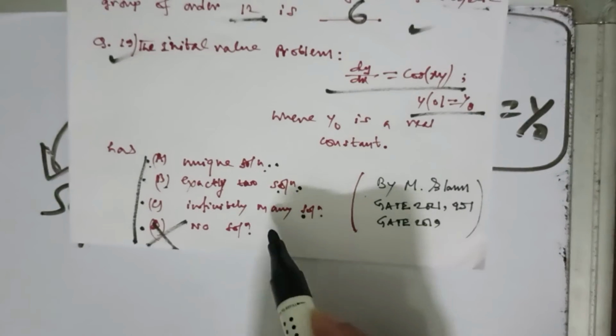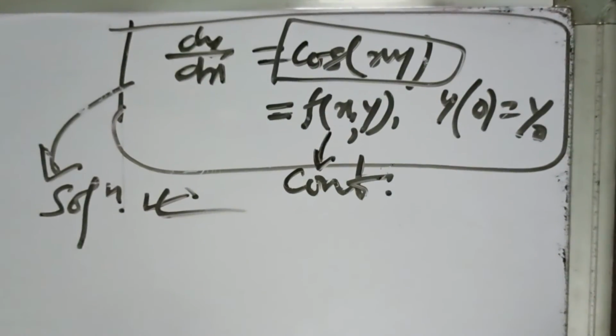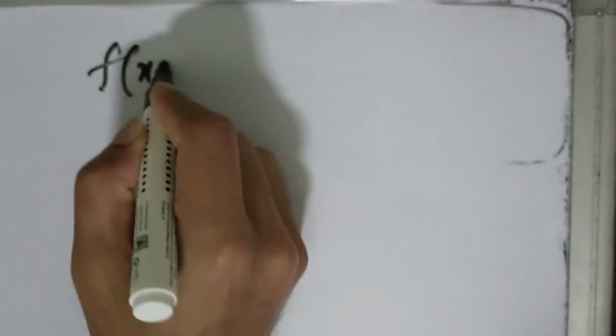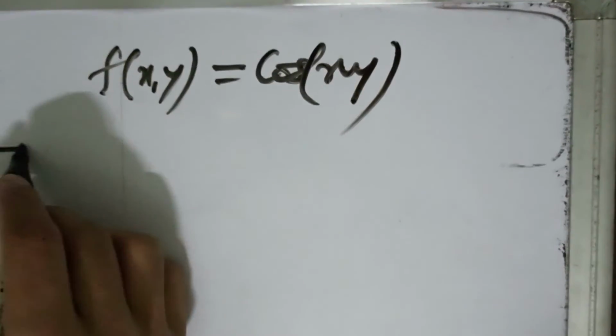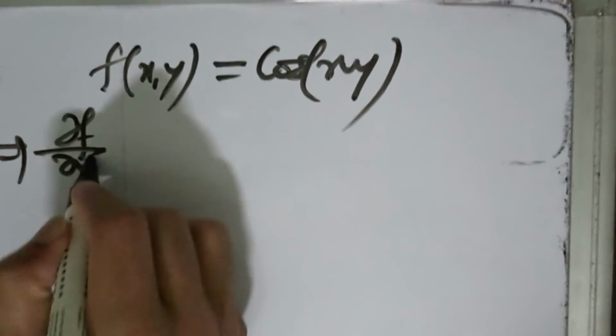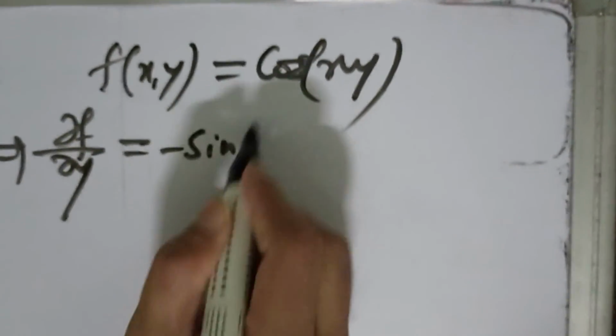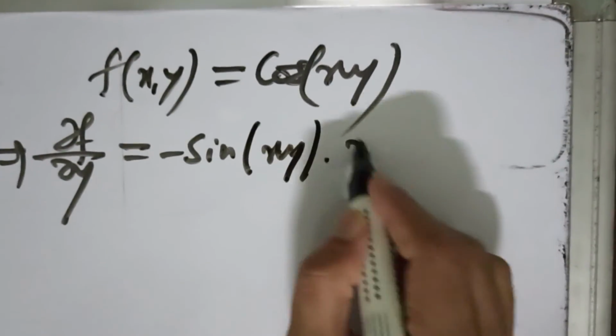Now we check whether it is a unique solution, or equal to a solution, or infinite solutions. So we have to check whether del f del y is bounded or not. What is f? Cos xy. So what will be the partial derivative with respect to y? Minus sin xy times x into 1.